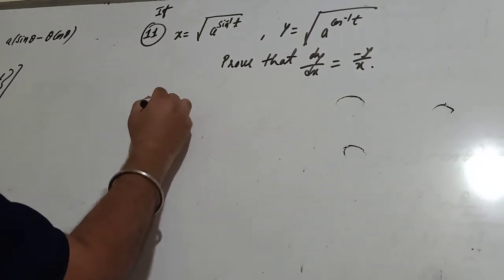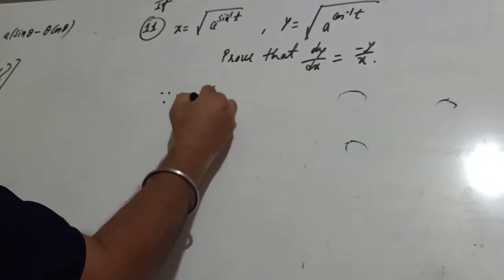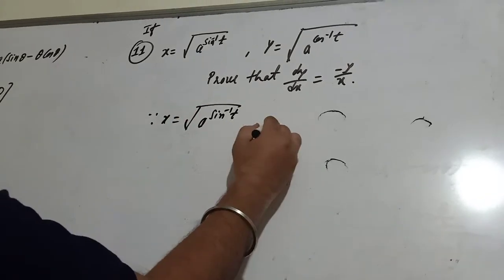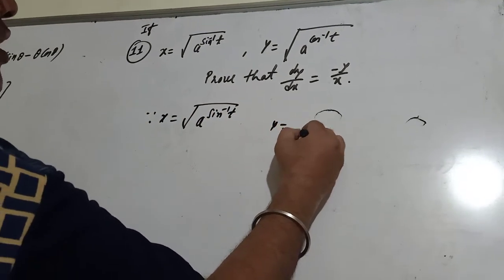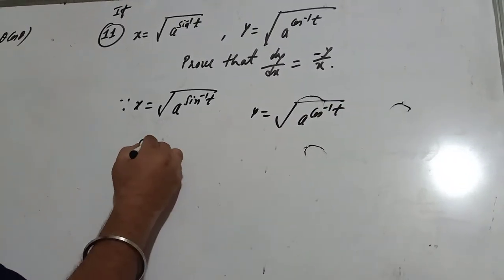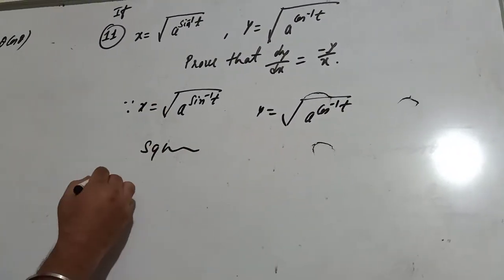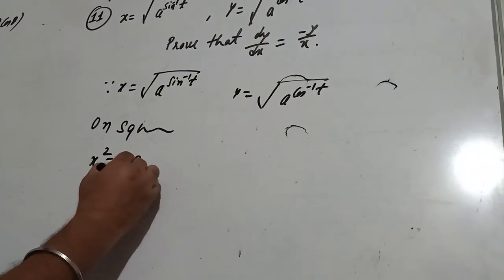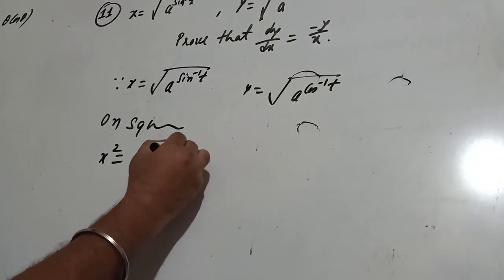Squaring both the sides. Since x equal to a to the power sin inverse t whole root and y equal to a to the power cos inverse t, squaring both the sides, we get x square equal to a to the power sin inverse t.